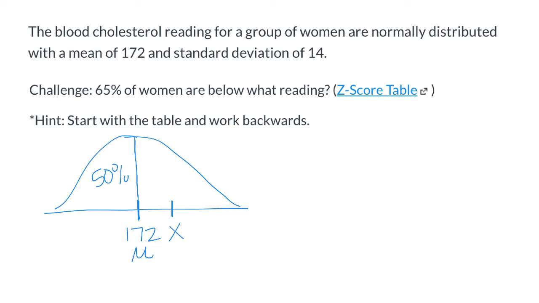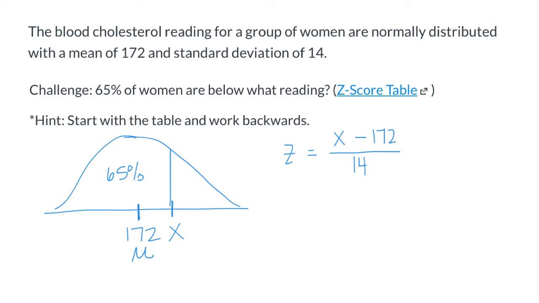We're trying to find some value here where 65% is below that value. So we're trying to find that value of x. So what we could do is work backwards and use the z-score formula, plug everything in and figure out what that x value is. So we don't know what x is, that's what we're trying to find, minus the mean divided by the standard deviation.